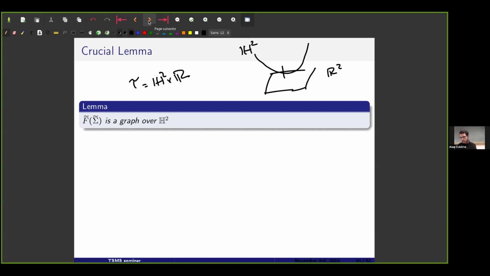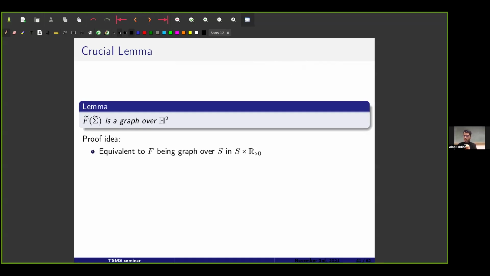Okay. And this is equivalent to saying that the embedding of sigma in T mod gamma is a graph over S, over the hyperbolic surface. So this is equivalent to this. As I said, the idea is the same. This is a space-like embedding. The kernel of the projection on the first factor on S is timelike. So the restriction, when we compose with the projection, will be a local diffeomorphism.